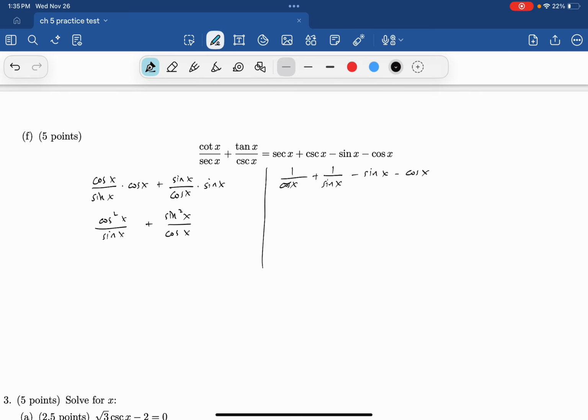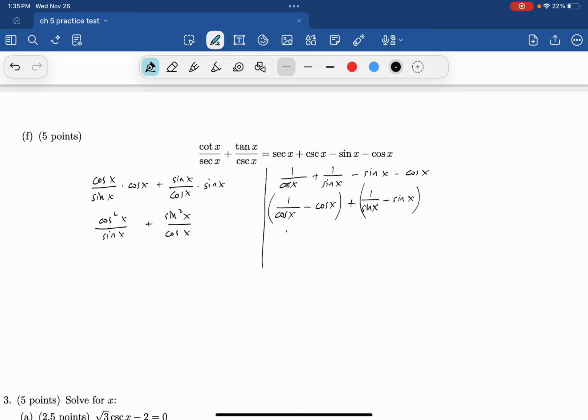Okay, and so the trick now is actually to group these in a special way. We're going to group together the cosines and the sines. So we're going to do 1 over cosine x minus cosine x plus 1 over sine x minus sine x, in that way.